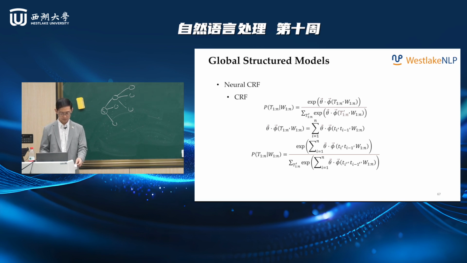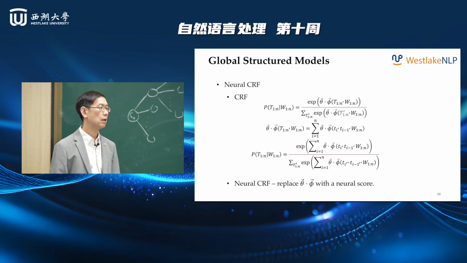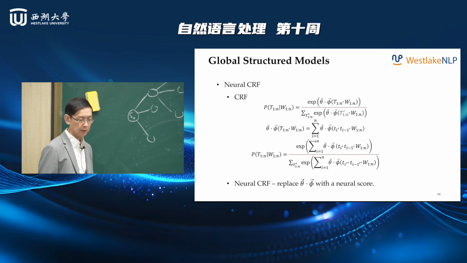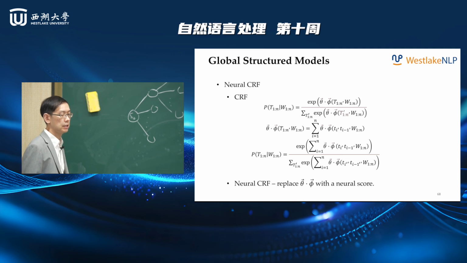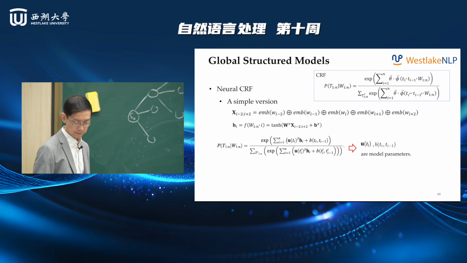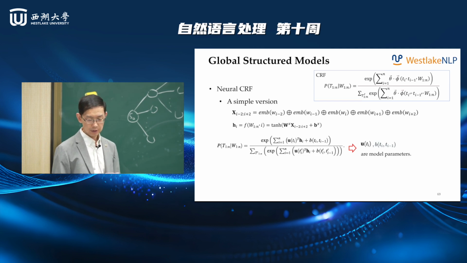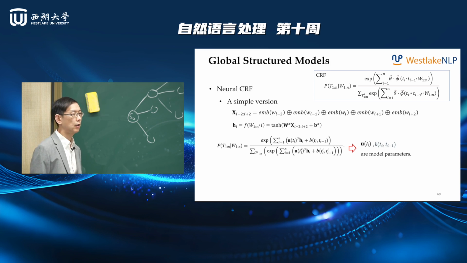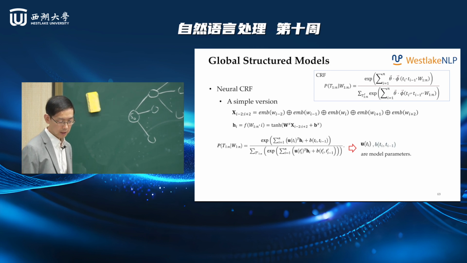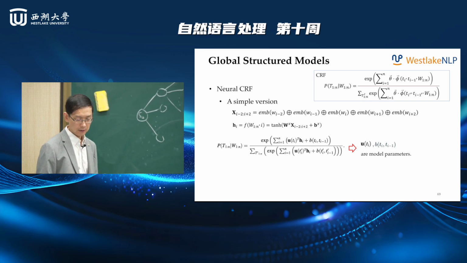Okay. To build a neural CRF, all you need to do is to replace this theta dot phi scoring with a neural network. All right? And we will see several strategies to achieve it. First one, I put the linear CRF on the box, okay? And I say, I want to replace this theta dot phi notation with a neural network.